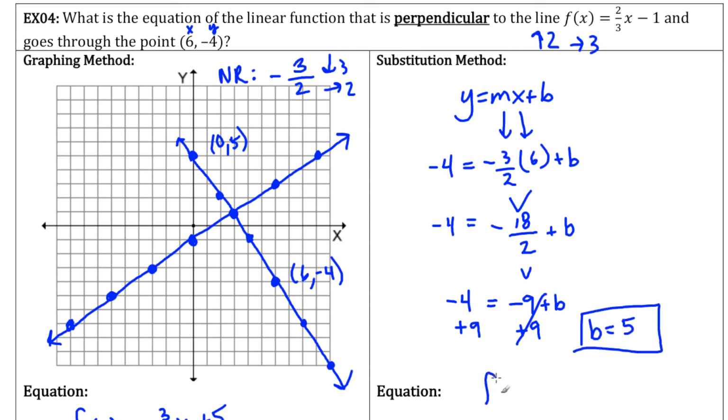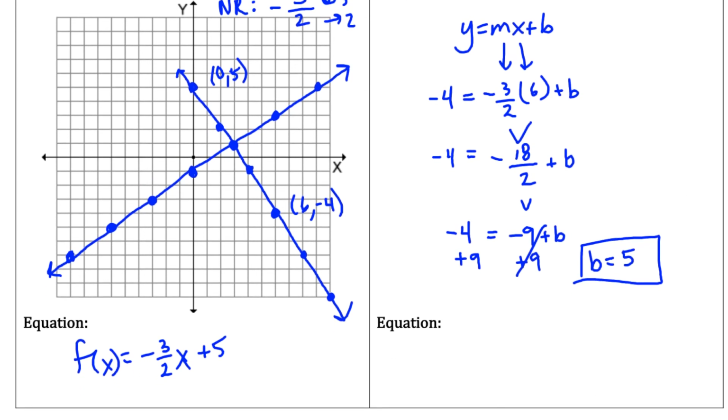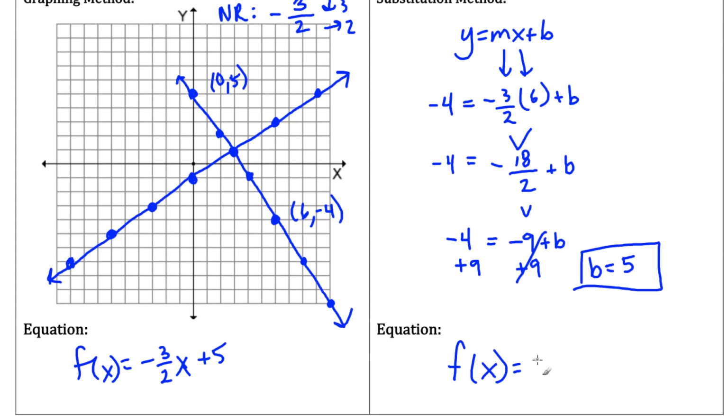So we know that my slope was the negative reciprocal, negative 3 over 2. Yeah, right here, negative 3 over 2.